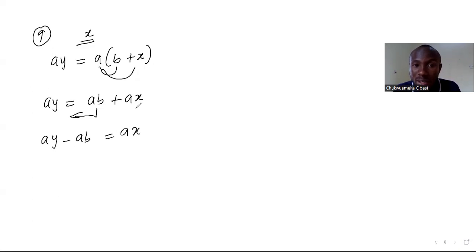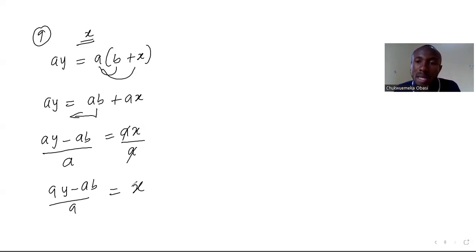I want to make x the subject, so I'll divide everybody by a. This a cancels out. So I have ay minus ab over a is equal to x. Now, x is the subject here, but I can still go further to simplify so that it looks better.